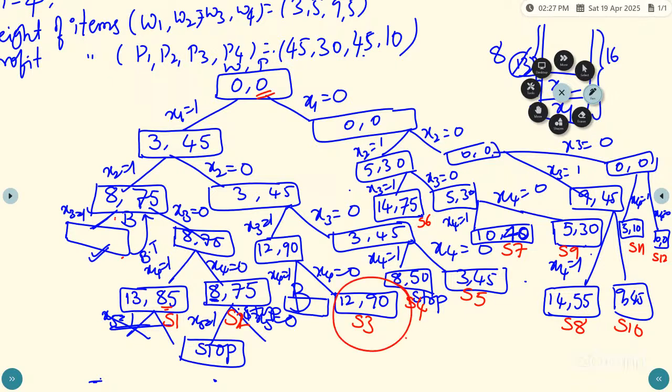So this is the maximum profit, 90. As for the weights: x4 not taken, x3 taken, x2 not taken, x1 taken. The solution is 1 0 1 0. So x1 comma x4 ... the items selected give profit 90.